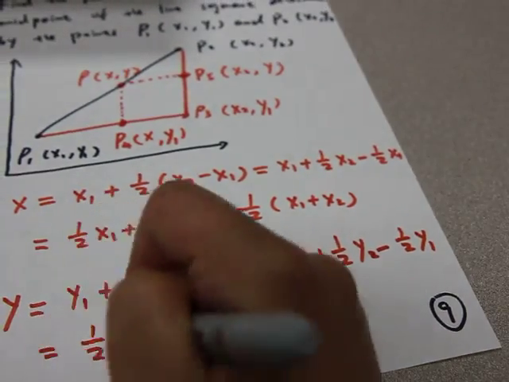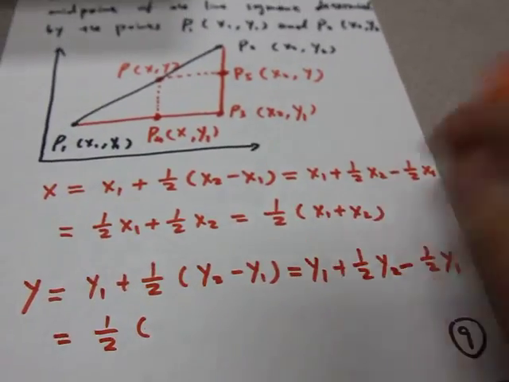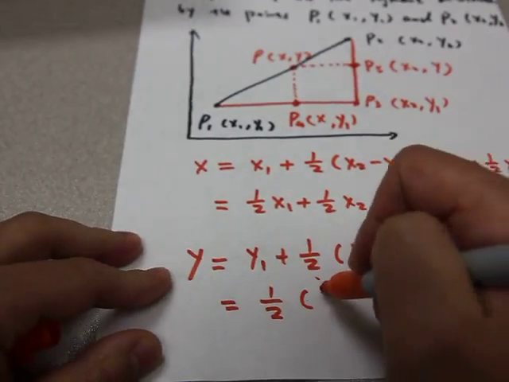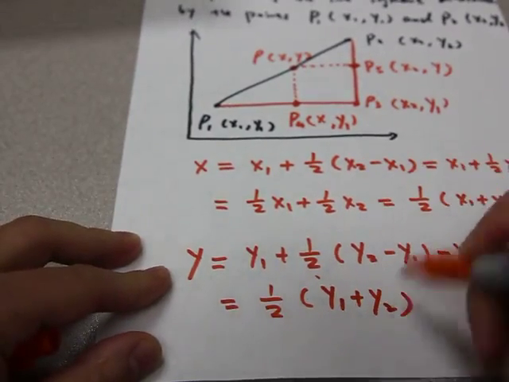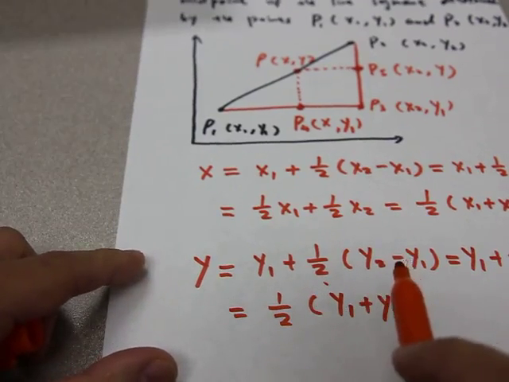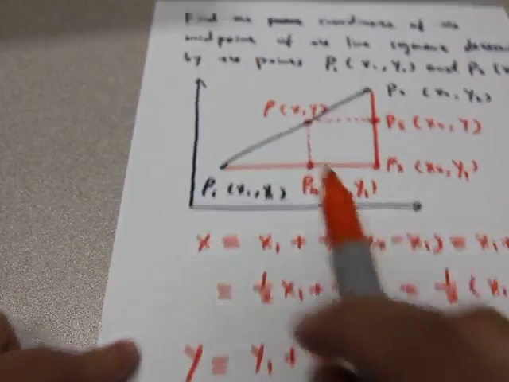So it is also equal to 1/2 times y1 plus y2. So that's why I said at the beginning this is a special case.